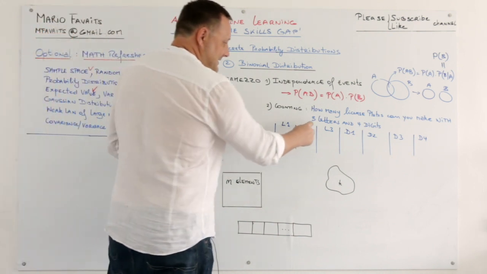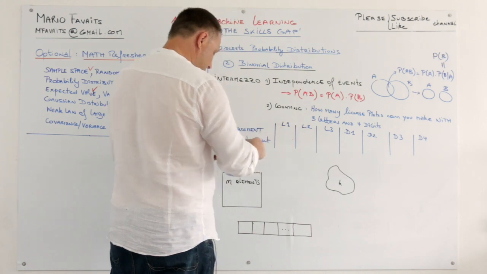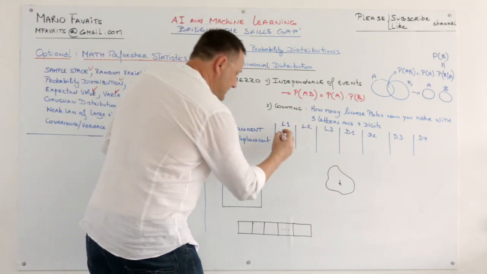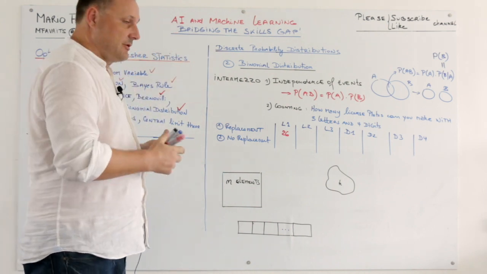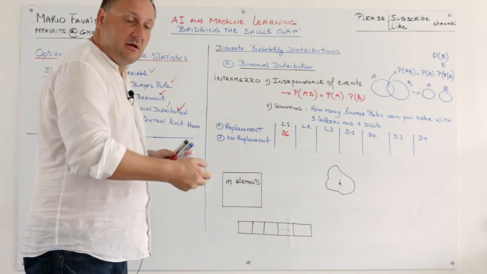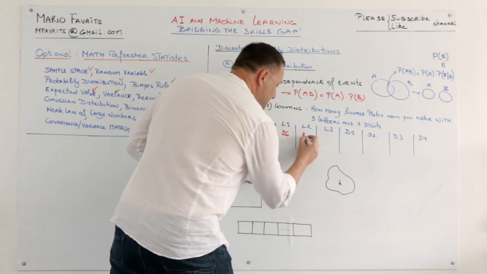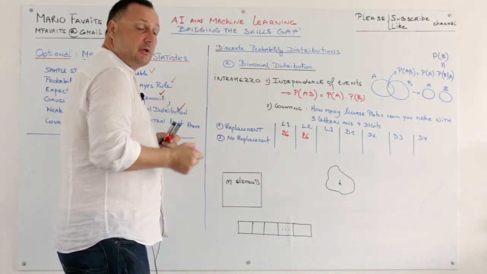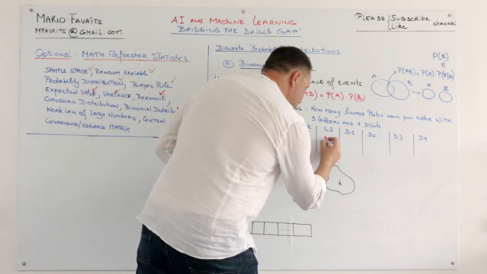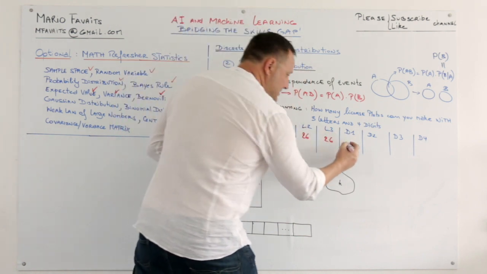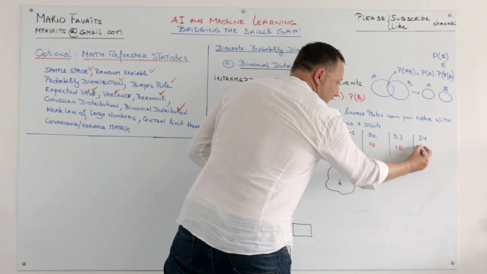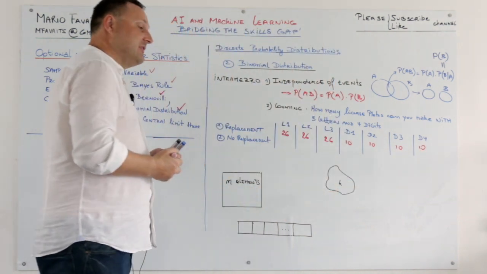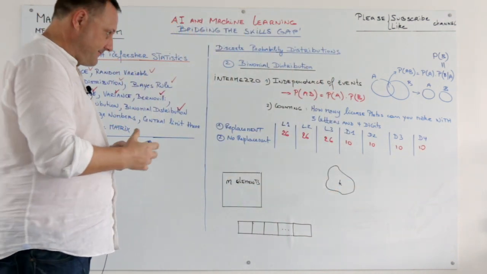There's 26 letters. I choose one. So this is 26 options, but I now put the letter back, so I again have 26 options. I put it back again, so this does not change. And for a digit, I have 10 options, 0 to 9. So actually not so difficult in this case.